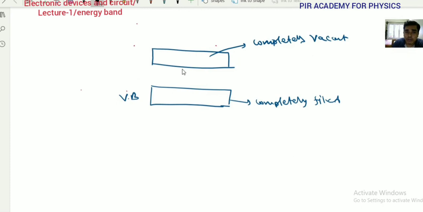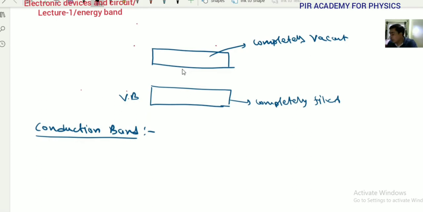Now you have to understand what the conduction band is. What is the conduction band? The highest energy band is called the conduction band.